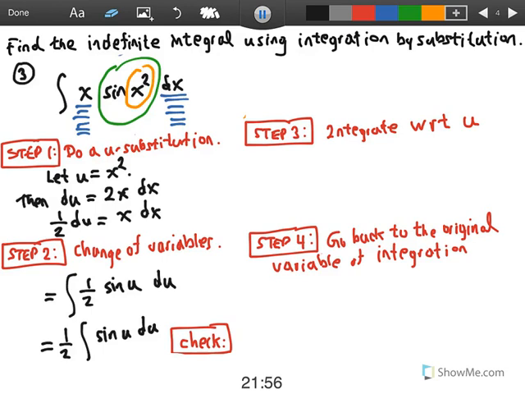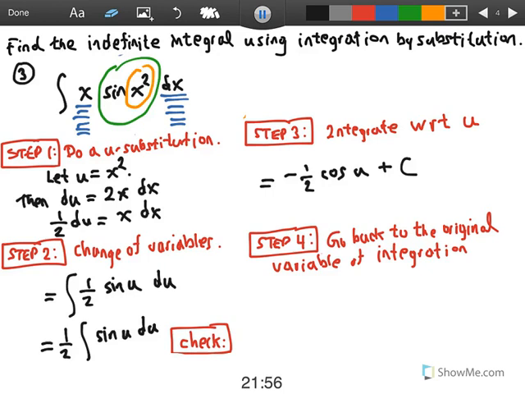And this is our indefinite integral after we perform the change of variables step. And this is something we know how to integrate easily. So what's an antiderivative of sine? Negative cosine. So we have negative 1/2 times cosine of u plus c.